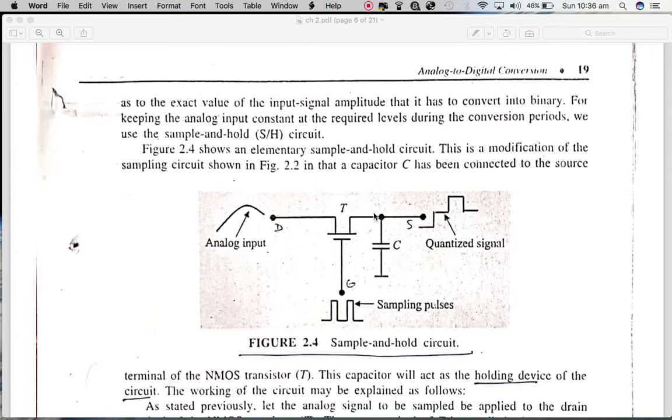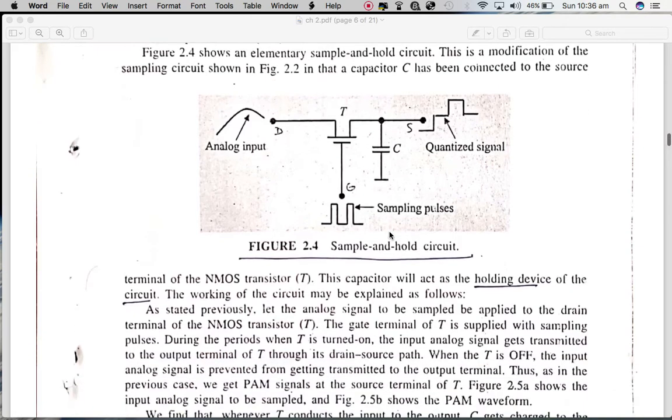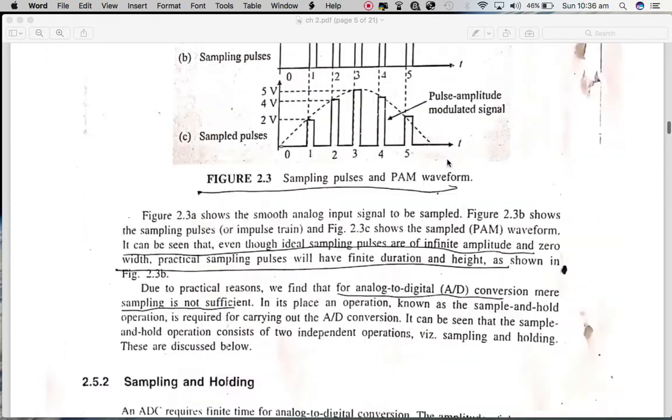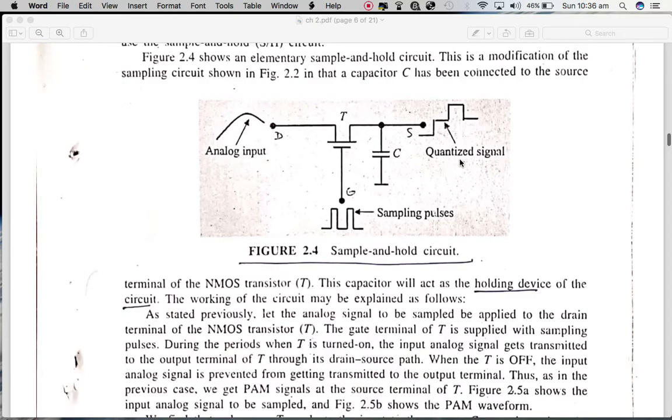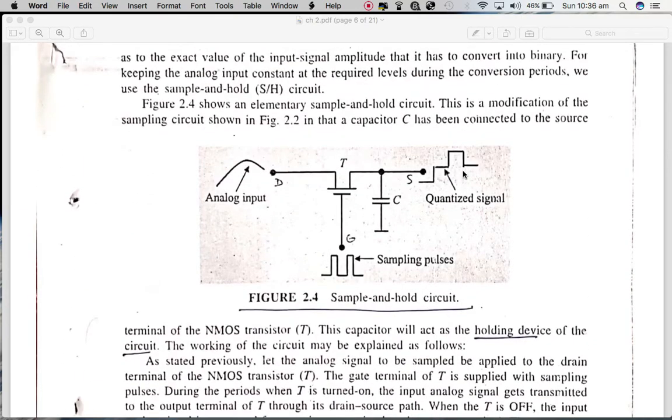So this is a sample and hold circuit with the same arrangement, just with a capacitor holding device added. The sampling circuit was only providing us the sampled signal, while this circuit provides the quantized signal, which is the next level of the sampled signal.